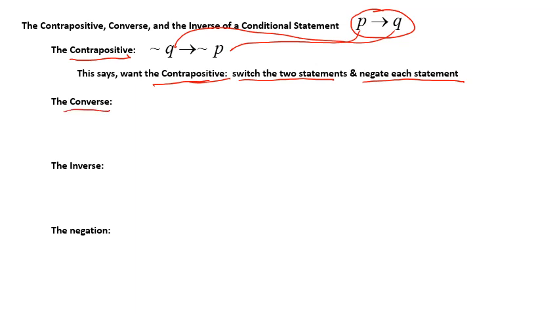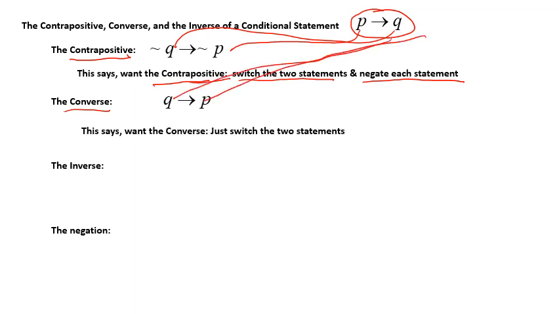If you would like the converse, you're just going to switch them around. Want the converse? Just switch the two statements. So I'll just take note that for the definitions here, contrapositive, converse, you're switching around, but the one with positive in it, contrapositive, notice you're negating both sides, both statements.